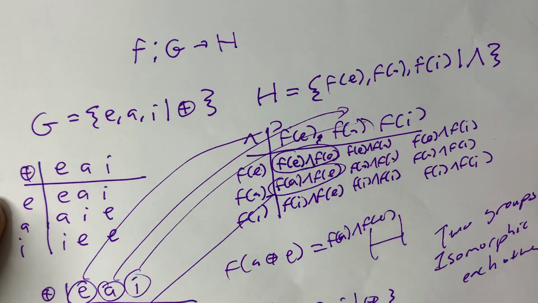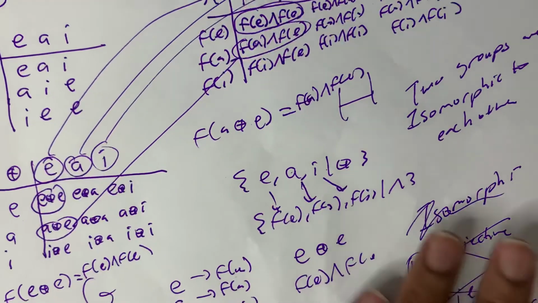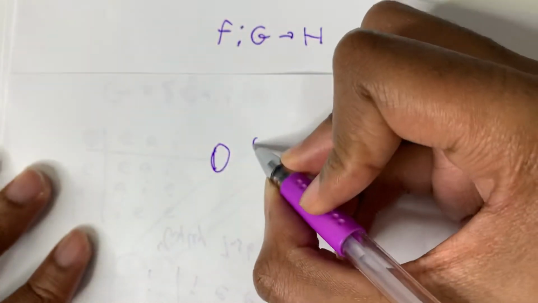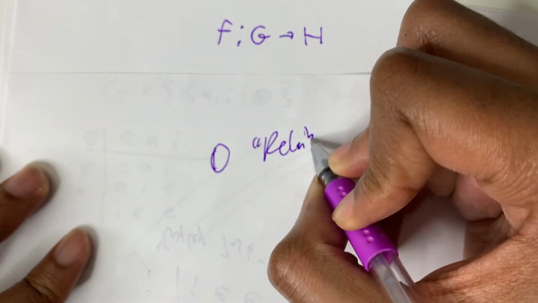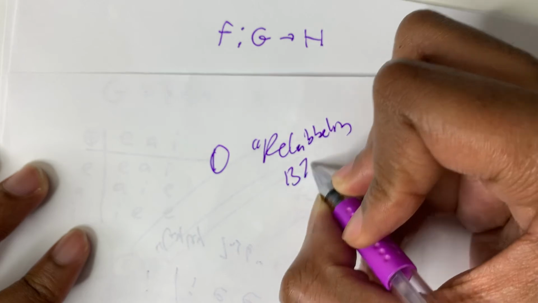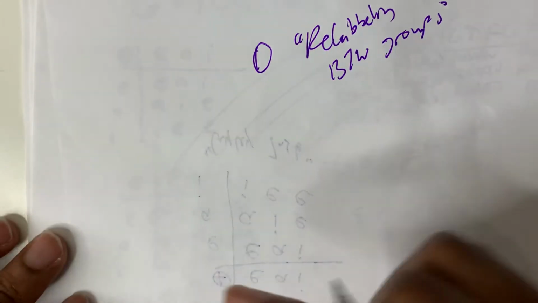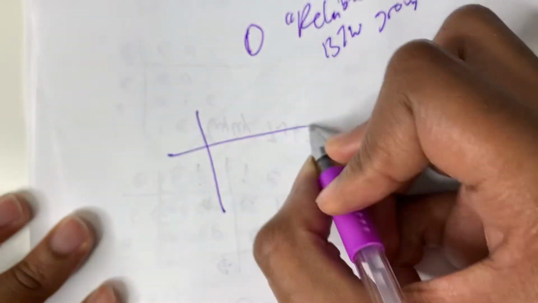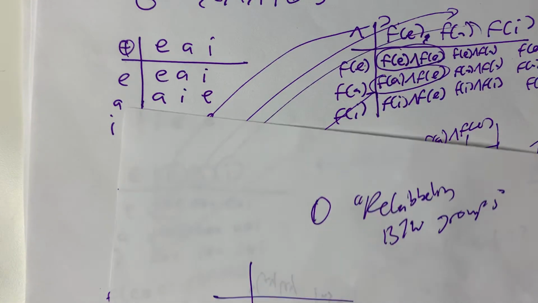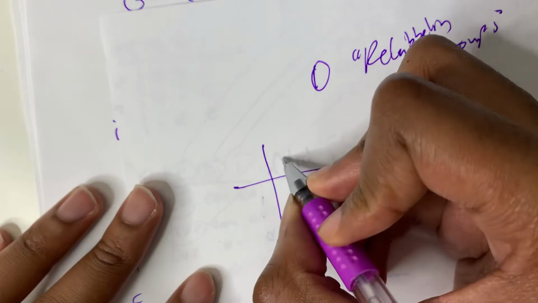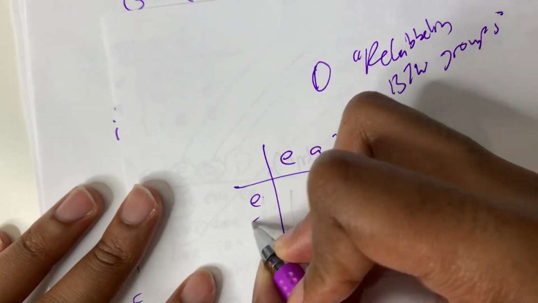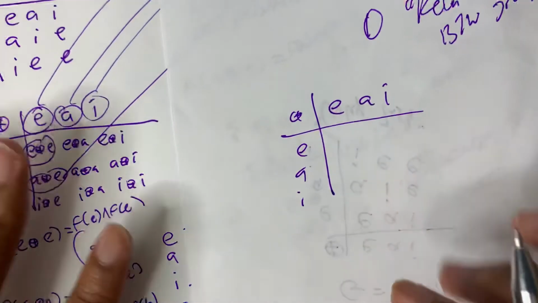Let's just do a brief recap. The basic idea I want to show is relabeling between groups. That was our most basic idea. For example, let's give a similar example. Say I have E, A, I again. Let's have a Cayley table.